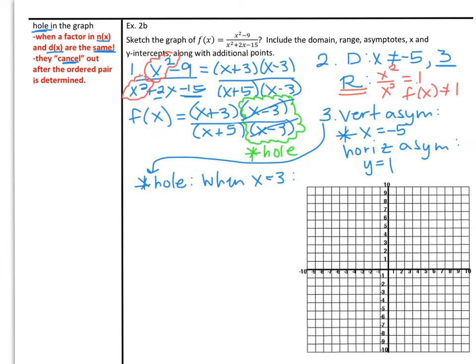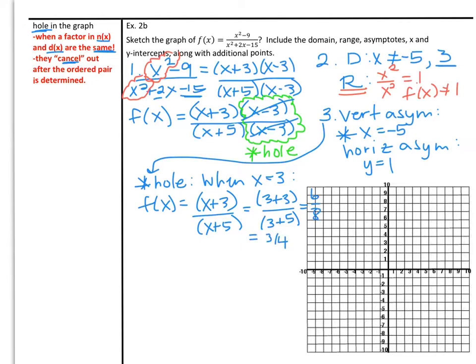So when x equals 3 and it cancels that factor out, we need to determine what's left over. If we plug in 3 for x on top and bottom, we get 3 plus 3 over 3 plus 5, which equals 8. That would give us 6 over 8, which is 3/4.